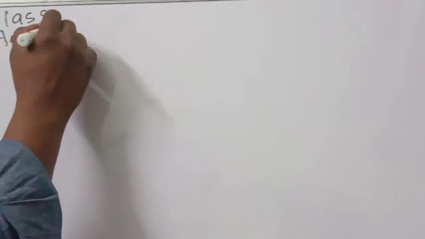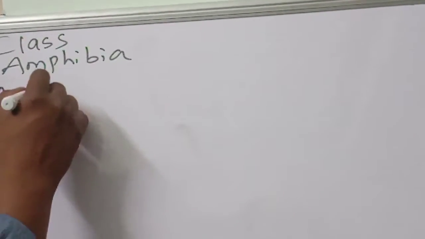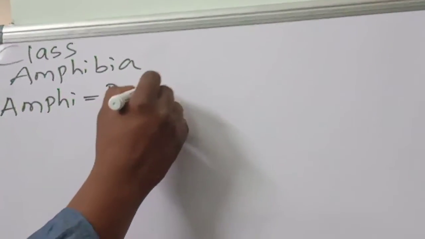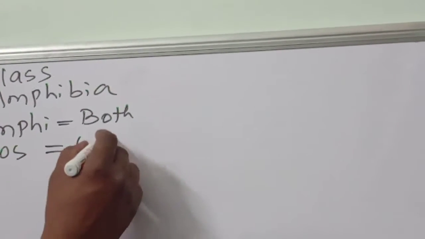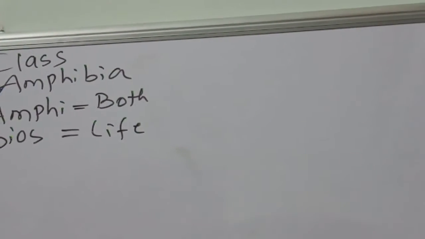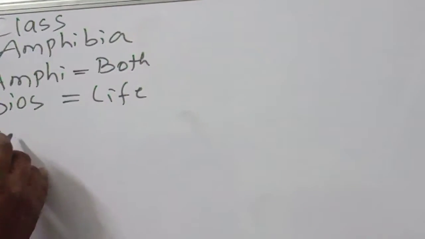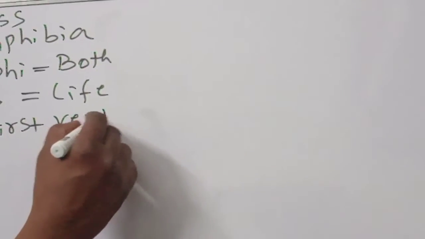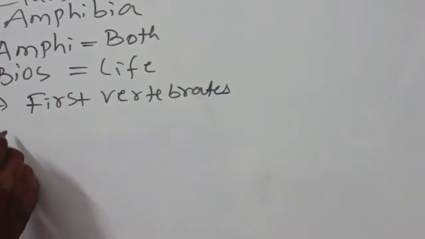Amphi means both, bios means life. Amphibians are the first vertebrates, and tetrapods.